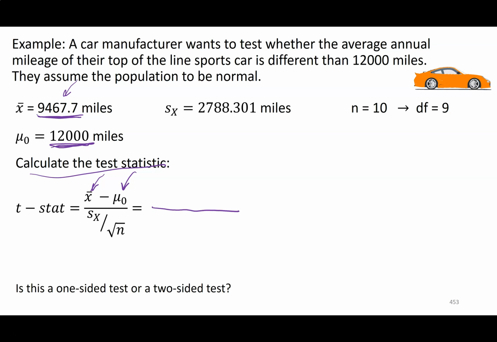So I know that my T statistic is going to be negative. That's just a quick check before I write anything out. So, 9,467.7 minus the claim, 12,000, over 2,788.301 divided by the square root of 10.